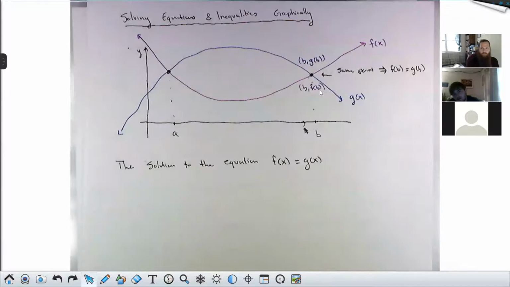And if f of b is equal to g of b, that means x equals b is a solution to the equation f of x equals g of x. And the same thing is going on over here. I won't relabel it.